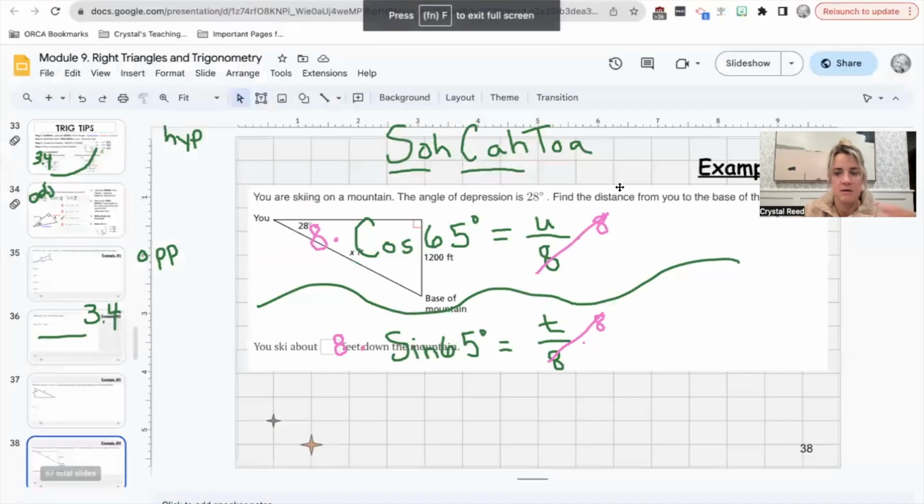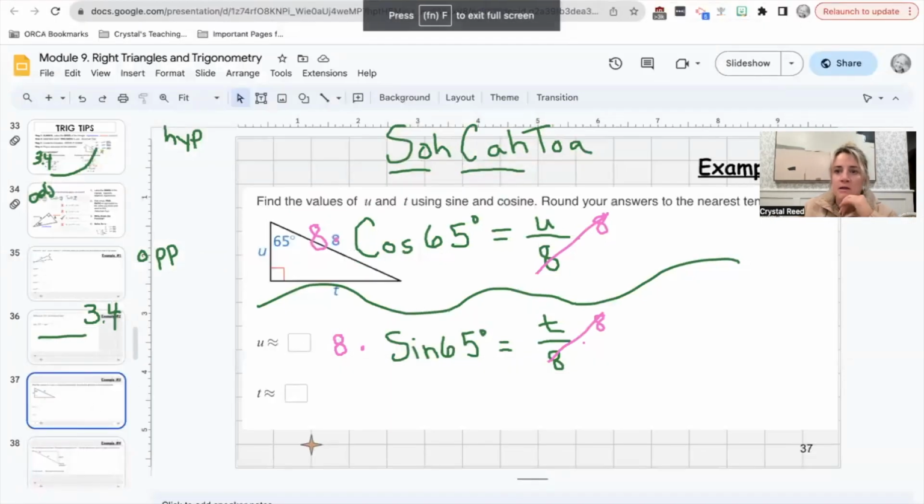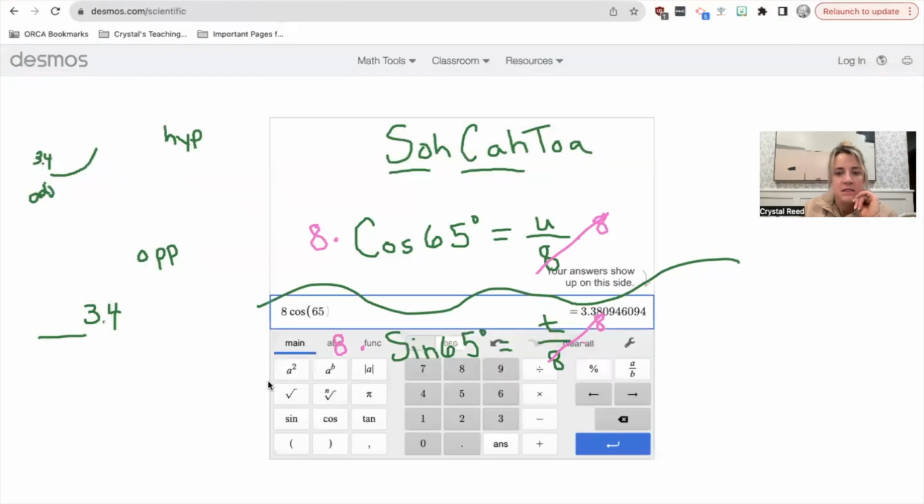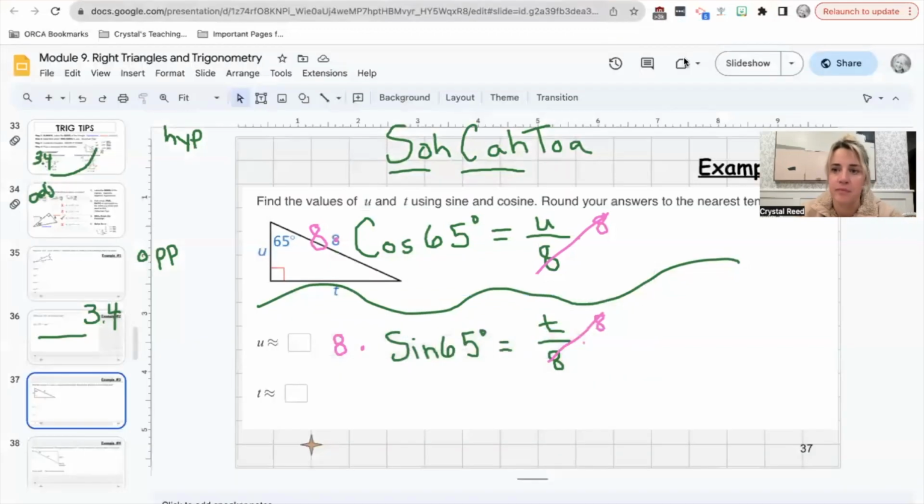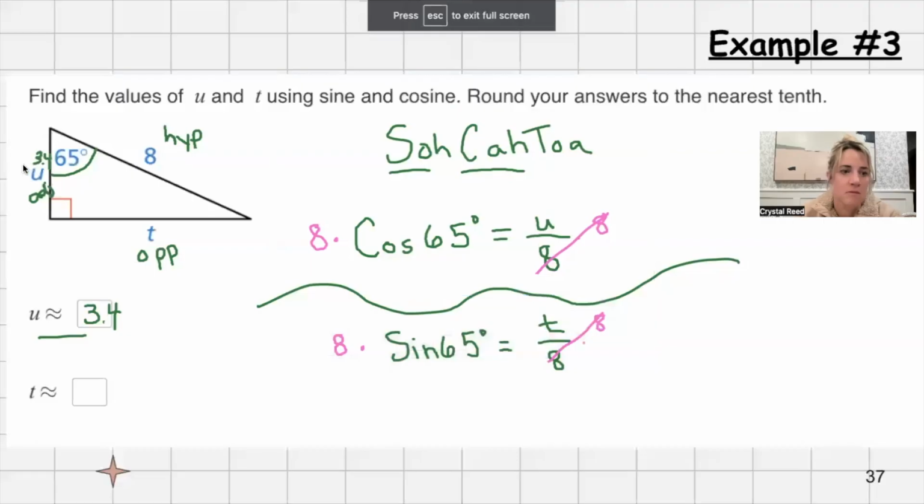So 8 times sine 65. 7.25 rounds to 7.3. Approximately t.